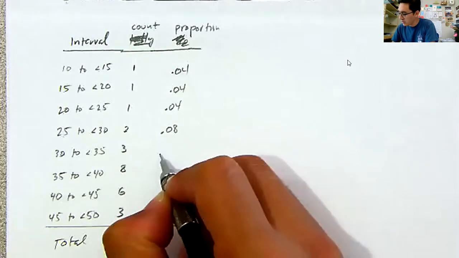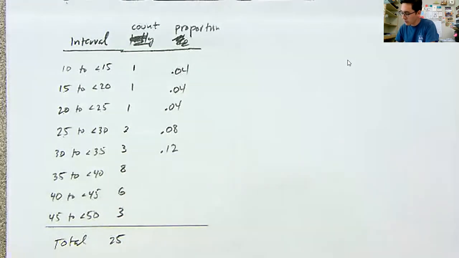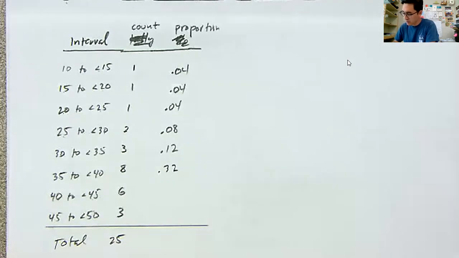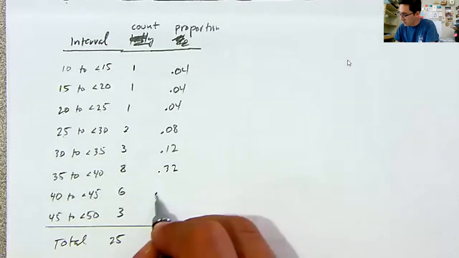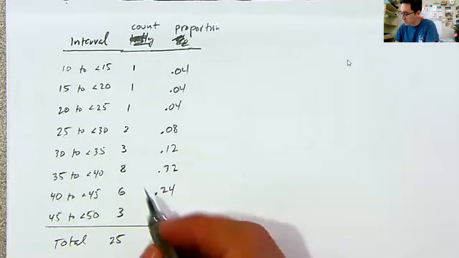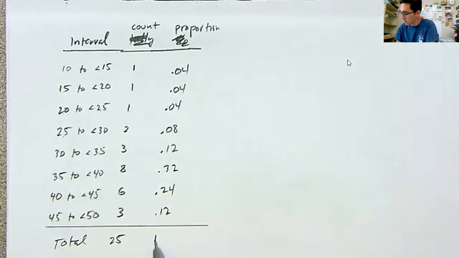That'll be 0.08. That'll be 0.12. 8 divided by 25 is 0.32. 6 divided by 25 is 0.24. 3 divided by 25 is 0.12, and that should add up to exactly 1.